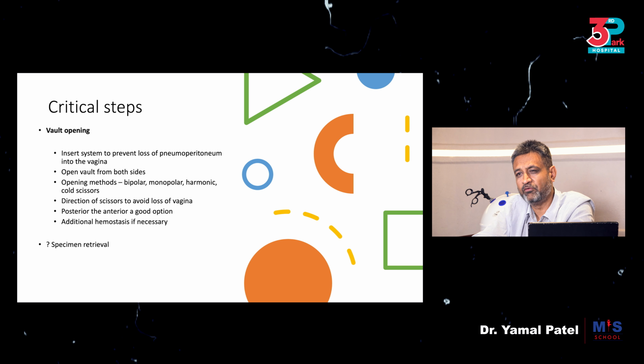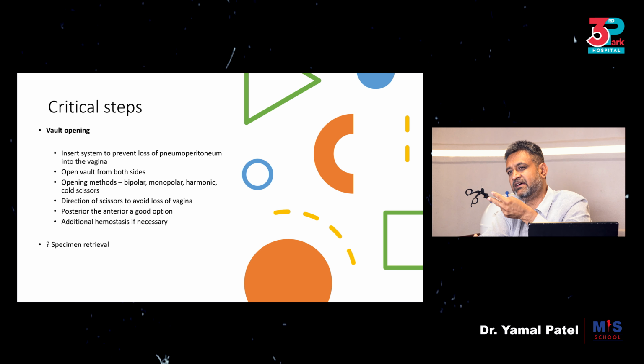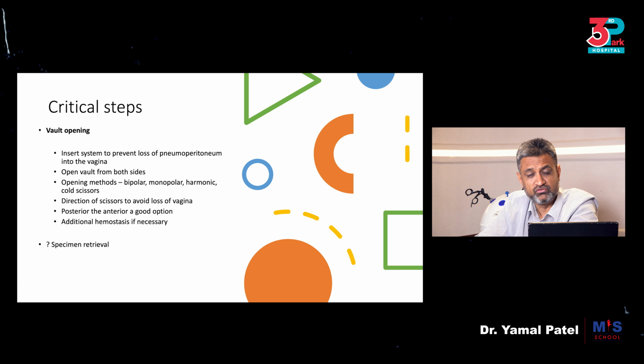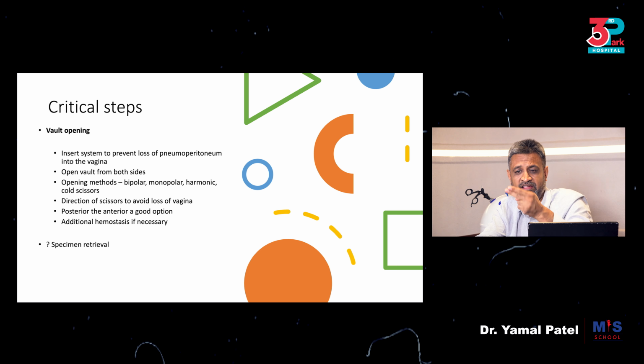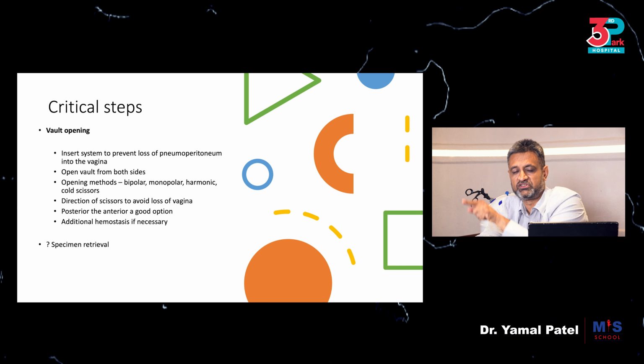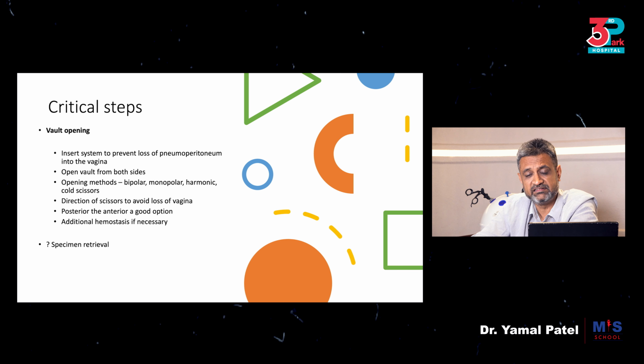You have to remember to change the direction of the scissors every time to keep close to the vagina, to keep close to the cervix, so that you have very little loss of vagina. So direction of the scissors as you cut, just flush to the cervix, is very important.